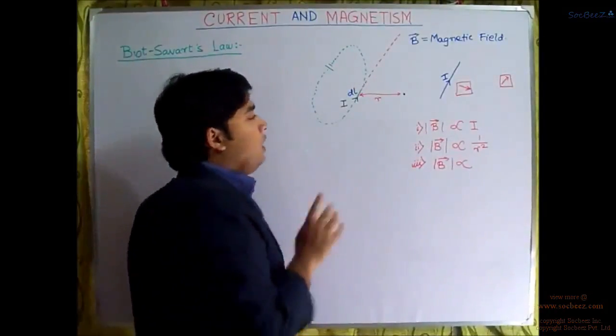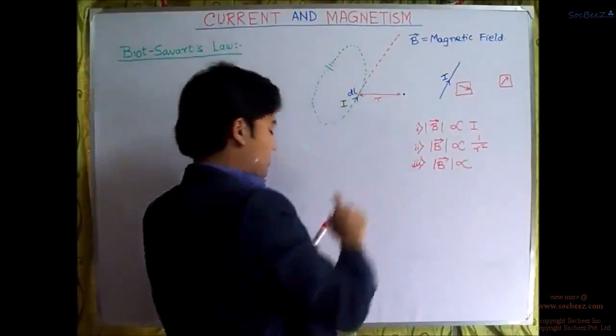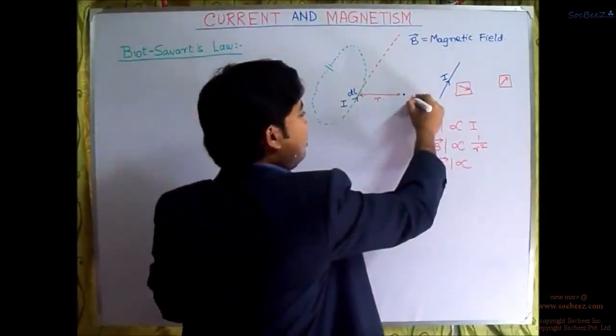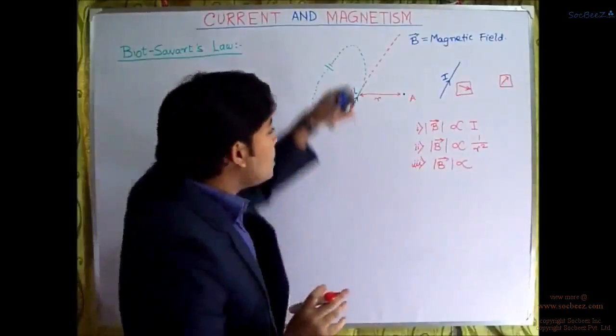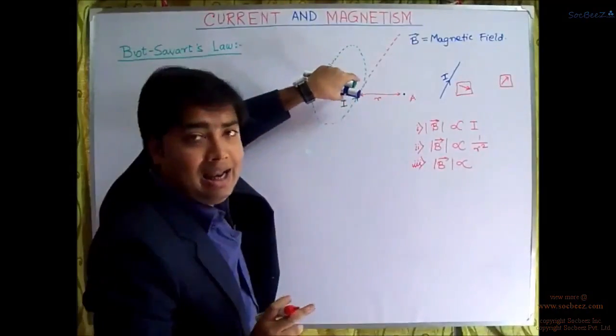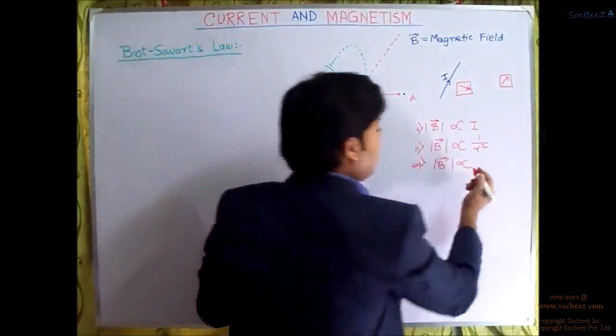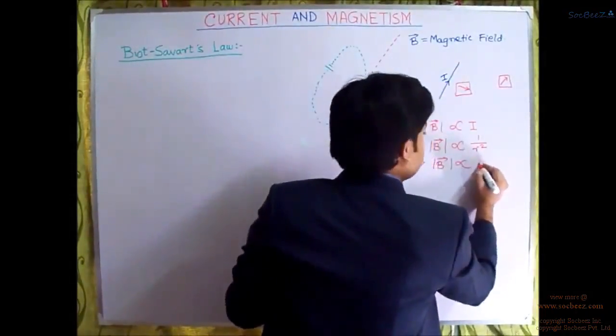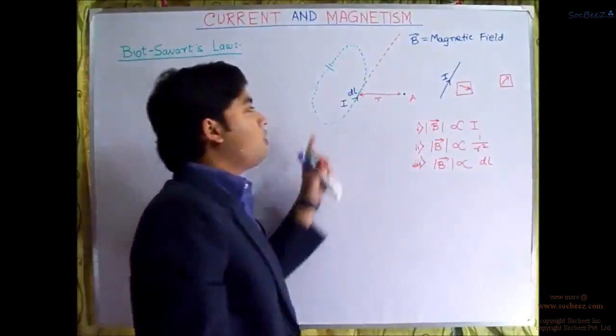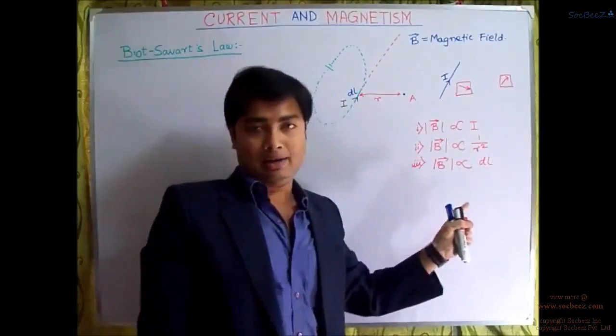We are only worried about the magnetic field at this point, say A, only due to this small part dl. So at point A, the magnitude will be directly proportional to the length of the conductor, or dl, right?